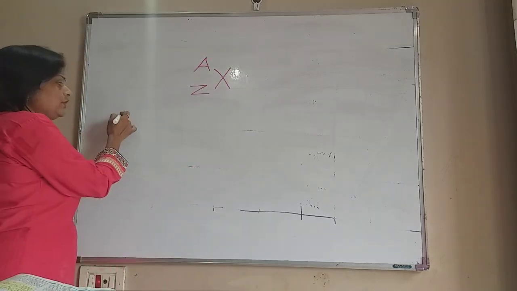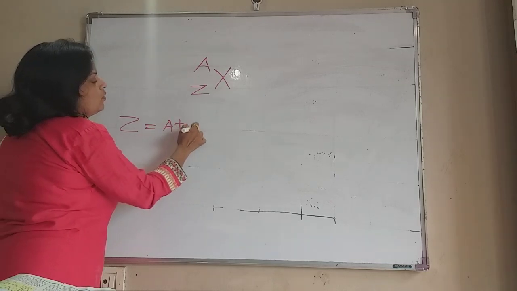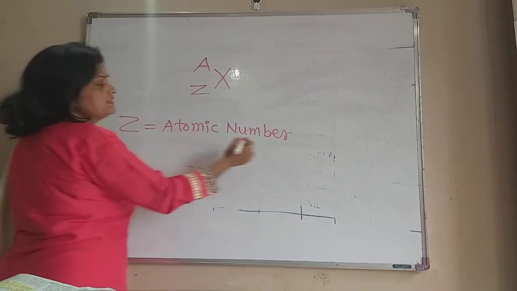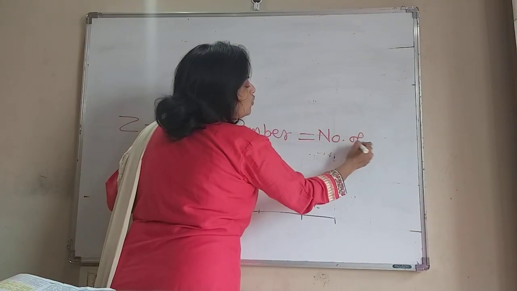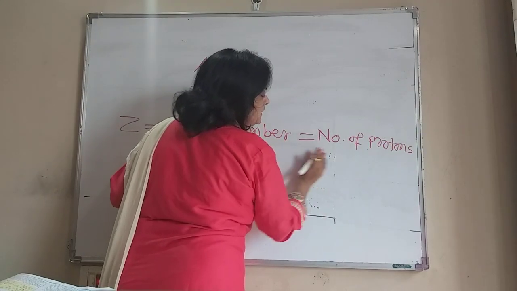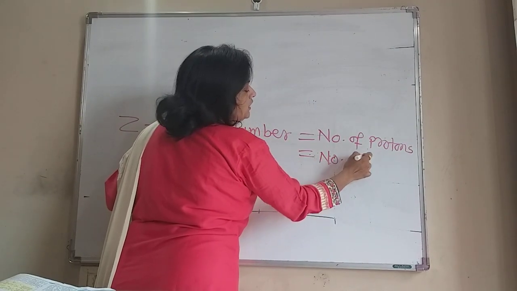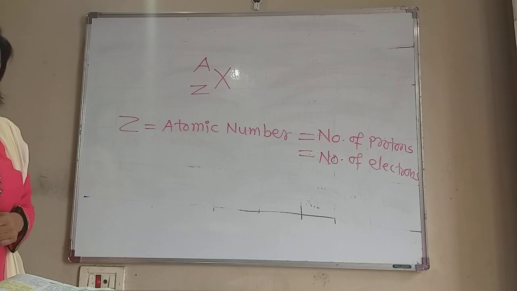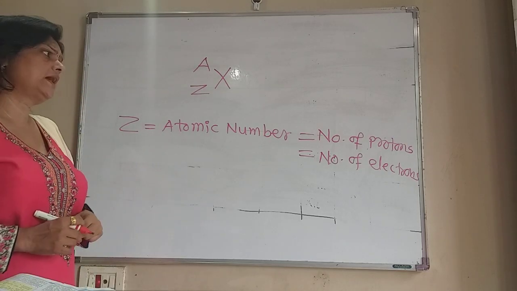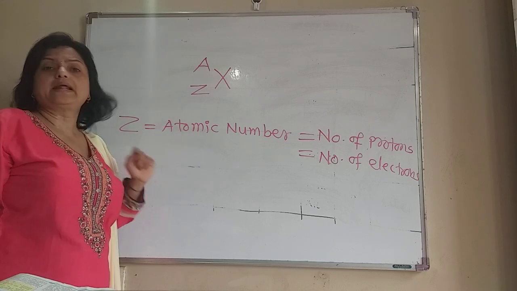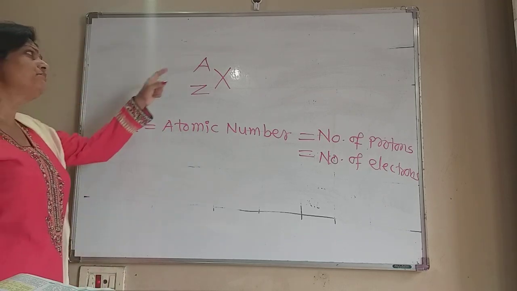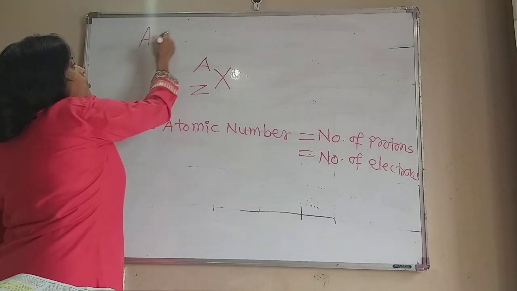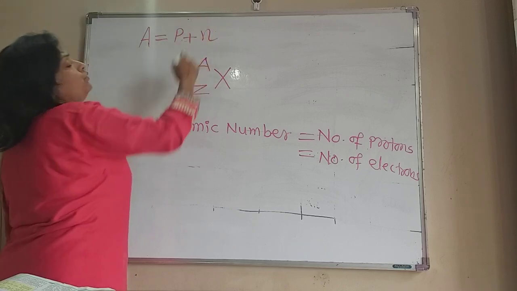So Z is the atomic number. This atomic number Z is nothing but the number of protons, or it may be equal to the number of electrons if the atom is neutral. So the number of protons or number of electrons is called the atomic number, and it is denoted by Z. And this mass number A is nothing but the summation of the number of protons plus the number of neutrons.